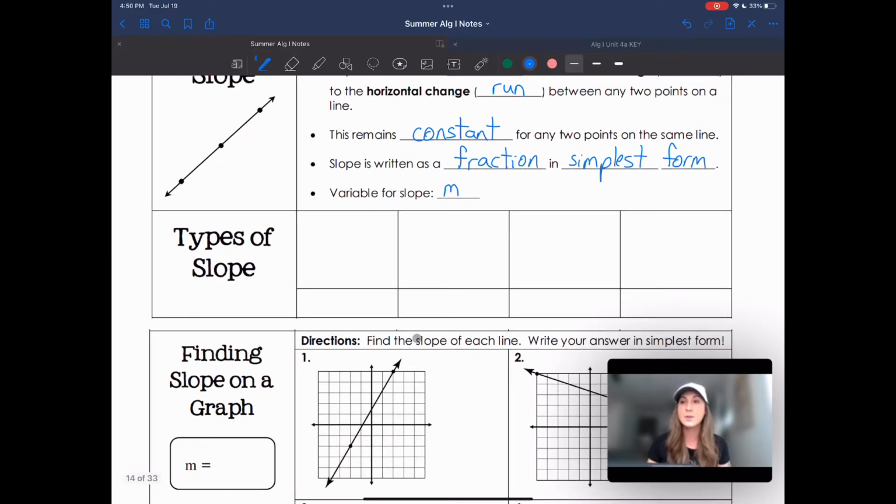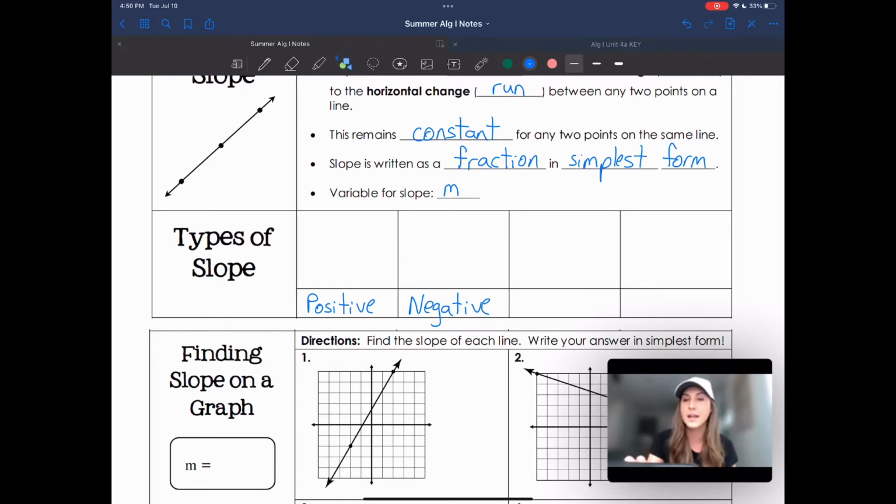Okay, and we also have 4 different types of slope. So the first one we say is positive slope. Let's write the first two. Positive slope, and then you also have negative slope. Now, as you can imagine, positive is going up, negative is going down.